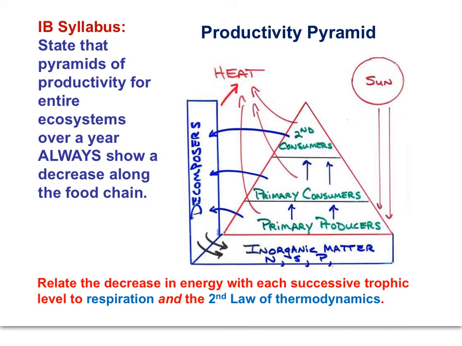But this diagram does nicely display the concept that some of the energy from each trophic level goes to the decomposers. It's important for you to realize that the system is more complex than just producers and primary consumers and secondary consumers. Notice that even the decomposers transform some of the high-quality food energy to heat.